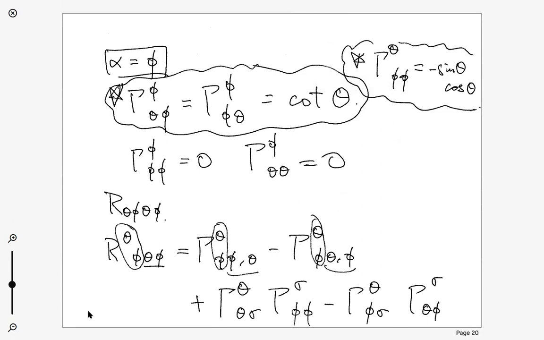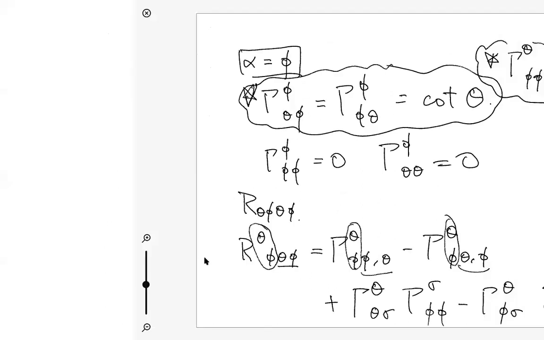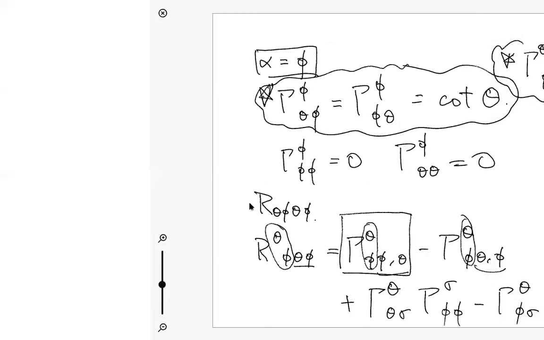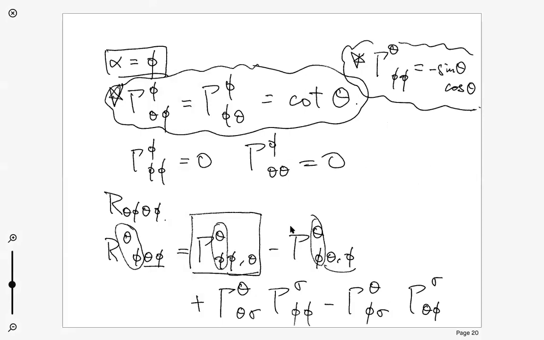First, can you quickly tell me whether the first term is non-zero or not? Maybe let me demonstrate this term first, and then I'll ask you a question regarding the second term.